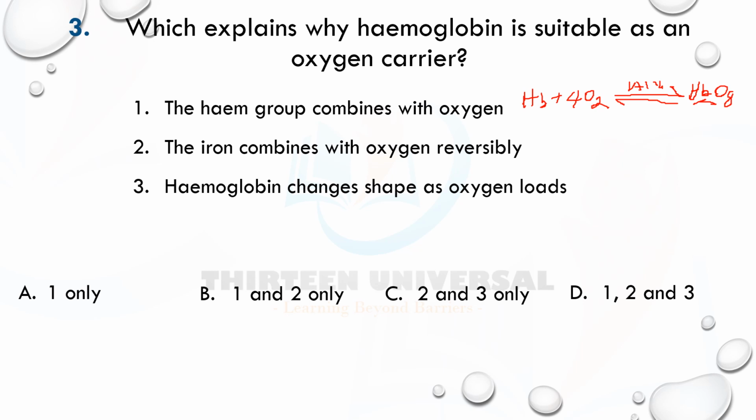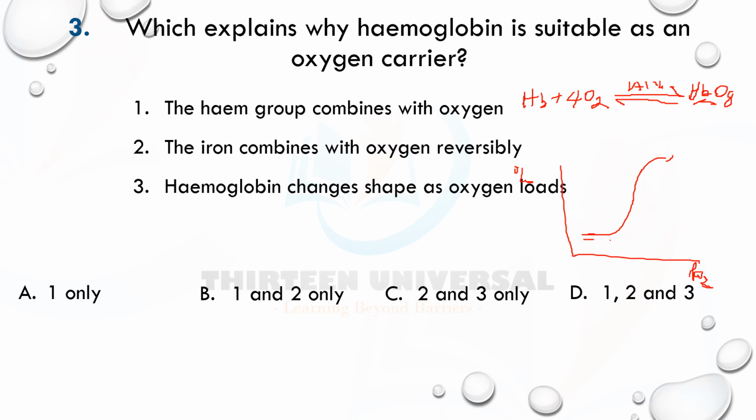If you look at the hemoglobin dissociation curve, you find that the curve is a sigmoid shape, right? The x-axis is the partial pressure of oxygen, and the y-axis is the percentage saturation of hemoglobin. The beginning is steep, the end is steep.